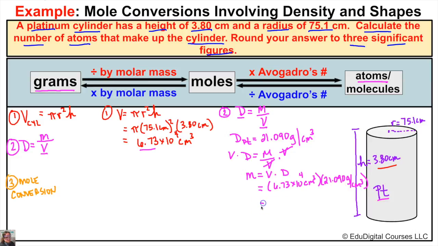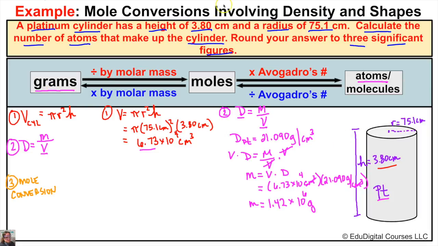And so when we put this in our calculator, we end up with a mass of 1.42 times 10 to the 6th. Let's see what cancels out. Centimeters cubed and centimeters cubed are going to cancel out, leaving us with grams. So here is our mass. This is going to be our mass of this object in grams.